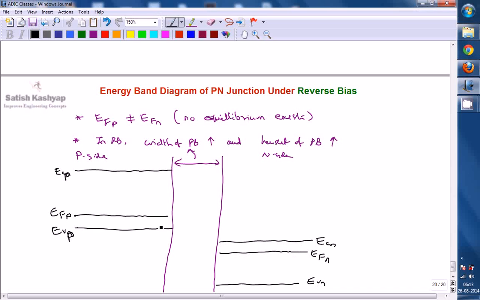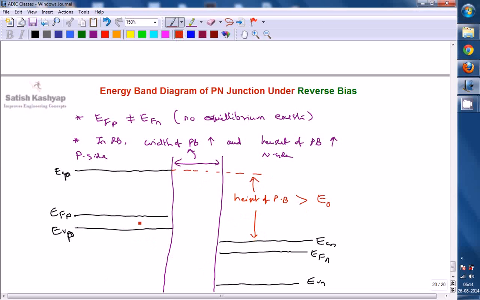So now if you observe, okay, the height of potential barrier is nothing but this one, the difference between ECP and ECN. Otherwise the difference between EVP and EVN. So the height of potential barrier, now if you look at this one, is going to be greater than the potential barrier height under open circuit.